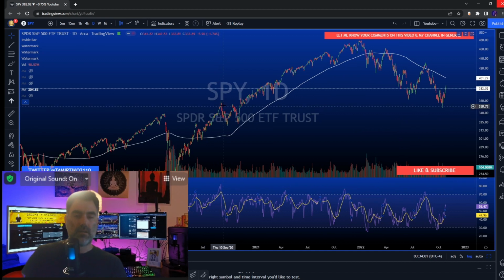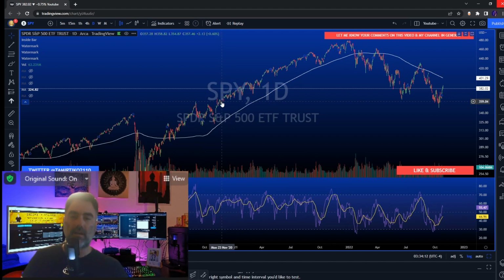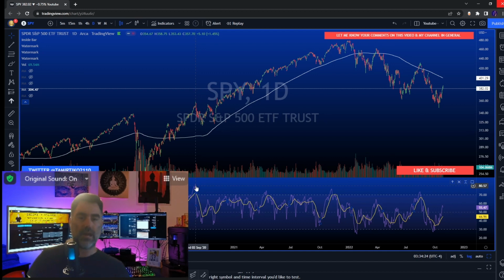So if here it's September 20, it's overbought. So if I'm long on the SPY, and even if I'm investing and I'm not trading, I'm a long investor in the SPY, and I got out here because the RSI told me, listen, it's overbought, it's time to sell. So I missed all this.